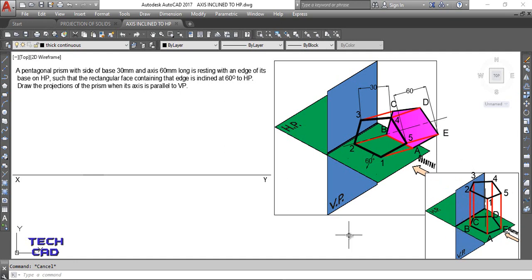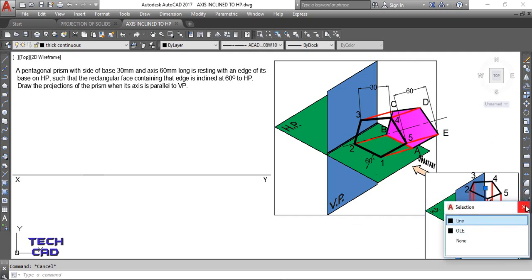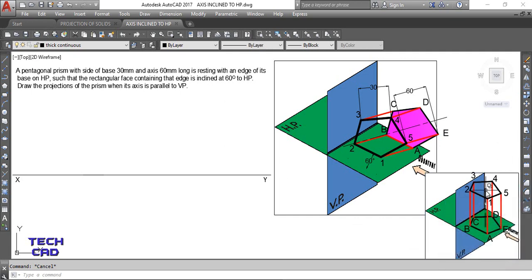Because the solid is inclined with HP. So you have to make your solid perpendicular to HP. If you make your solid perpendicular to HP, automatically your axis is also perpendicular to HP. You can see here that this axis is exactly perpendicular to your HP. So now the angle with HP is 90 degrees instead of 60 degrees, whatever the question says. Okay, so this is my assumption.